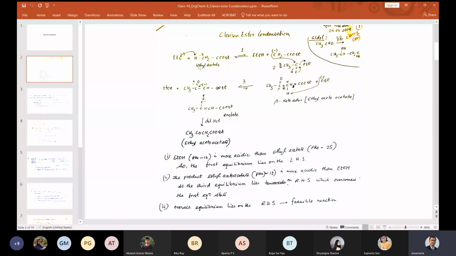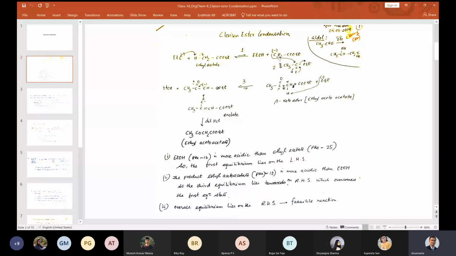Now let's see what this reaction is, how this reaction happens. In this case also the reaction is exactly the same as aldol condensation. You add a base, the base picks up a proton, it forms this negative charge. This negative charge attacks another molecule of this same ester to form this beta keto ester.